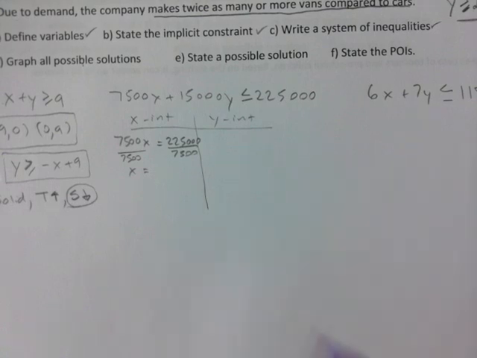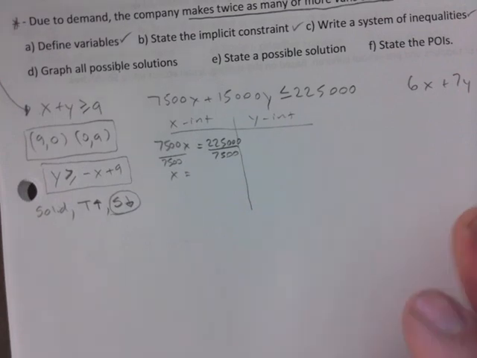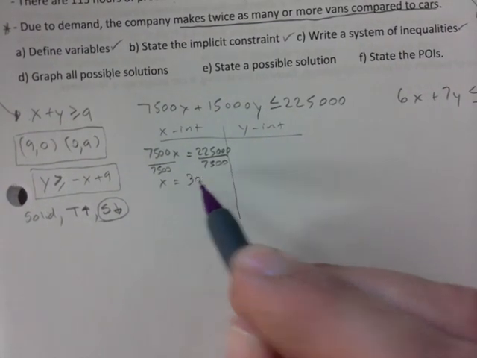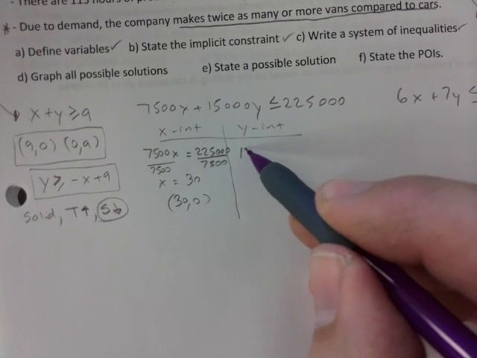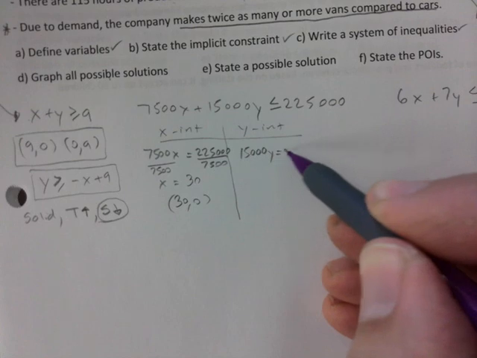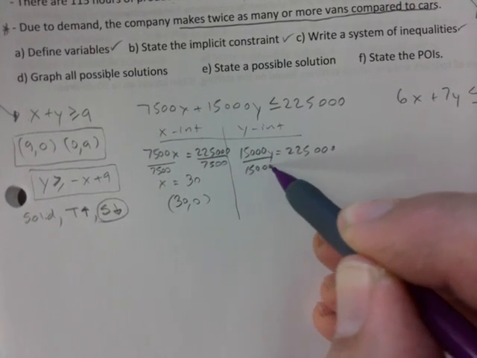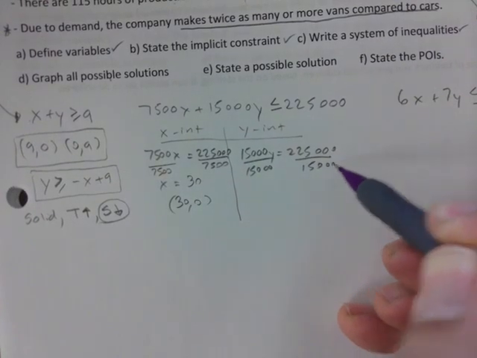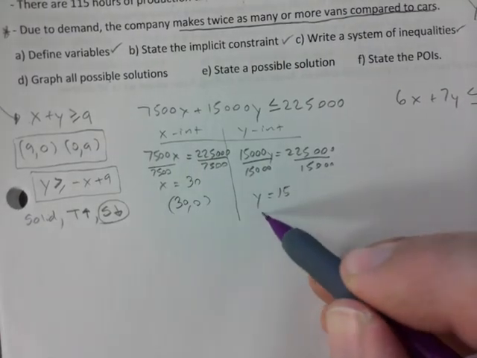X is equal to 30. Happens to be a nice round number. So 30, 0 is my x-intercept. For the y, it's 15,000. Y is equal to 225. Divide by 15,000. And that's also a nice round number.